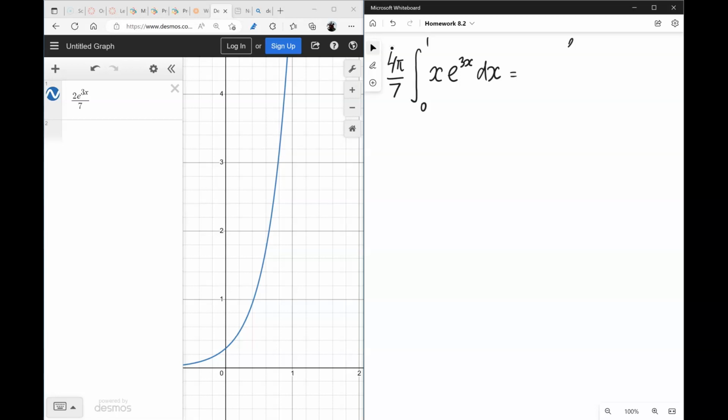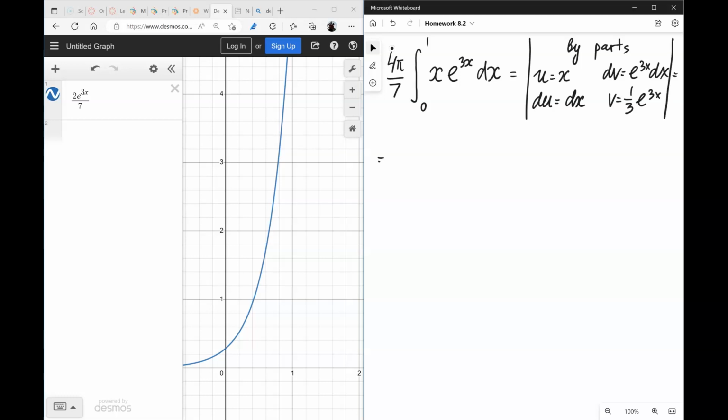And we're going to do it by parts now. My u is x, so du is dx, dv is e to the 3x dx, so that v is 1/3 e to the 3x.